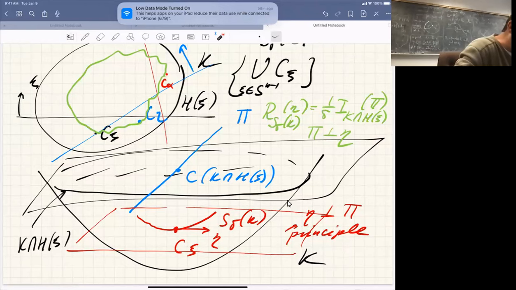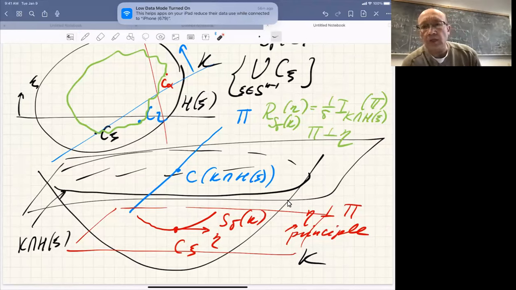This means that the point on the surface of centers is umbilic. But then this condition means that all points of my surface of centers are umbilic. And this is a well-known exercise in differential geometry.